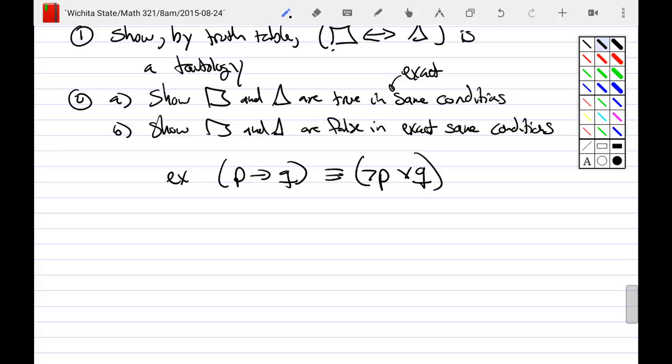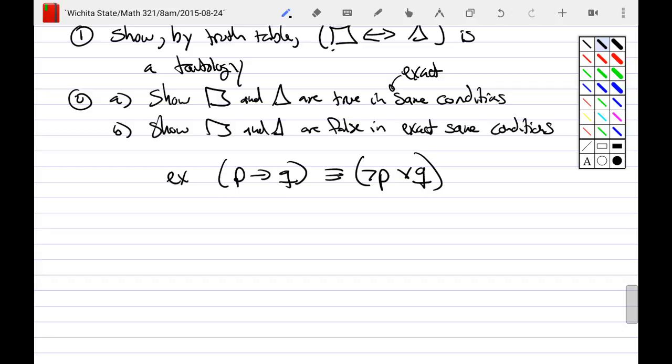When's the left true? When P is true, Q is true, or P is false, and I don't care about Q. Right? Let's look at the right-hand side. When's that true? When Q is true or Q is false. But is that the same conditions? Under or, it's going to be true if one or both of the sides is true.